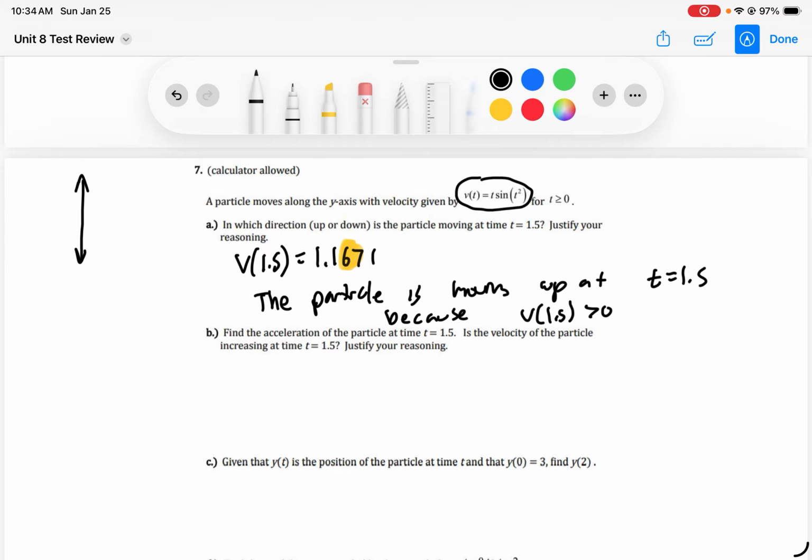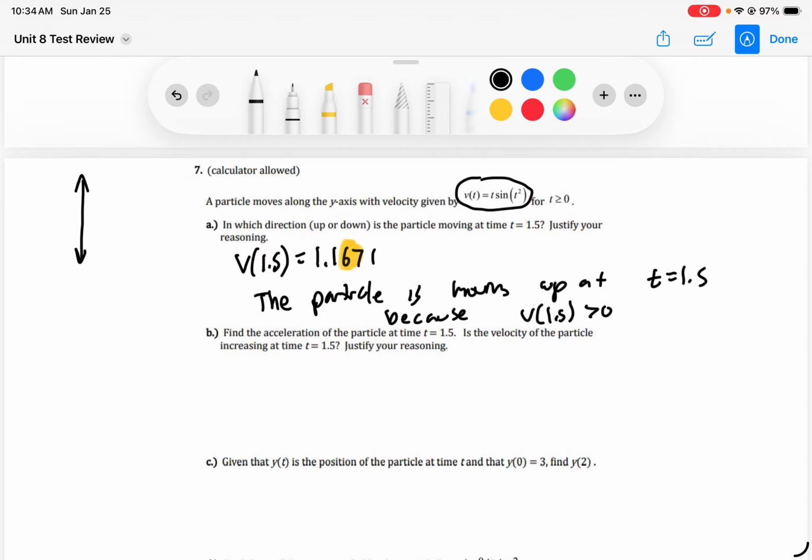Find the acceleration of the particle at time t is 1.5. Is the velocity of the particle increasing at 1.5? So this is not a speeding up, slowing down question. It's a subtle difference. It wants to know, is velocity increasing? For a function to be increasing, its derivative has to be positive.